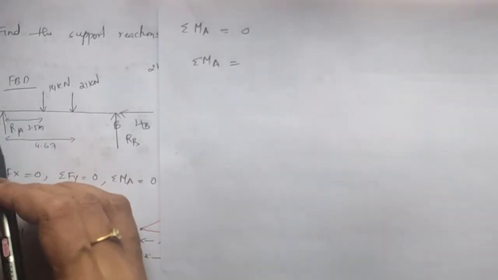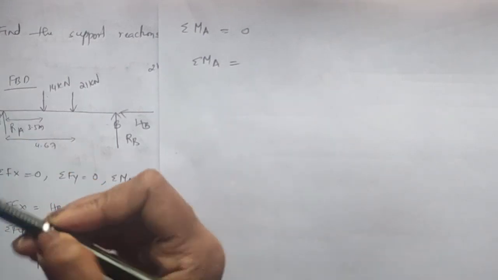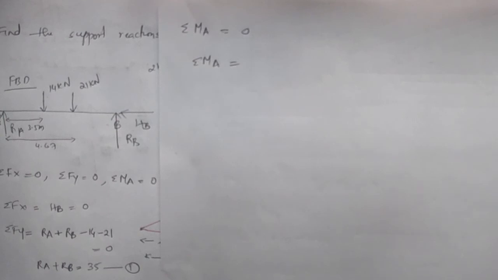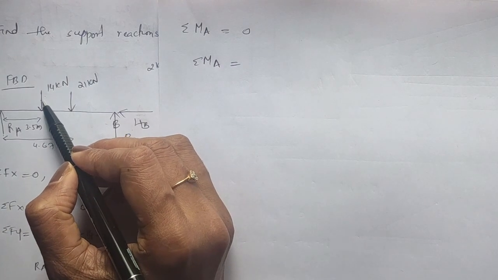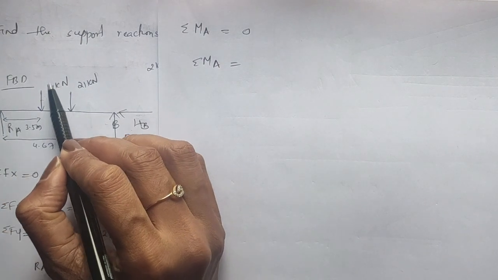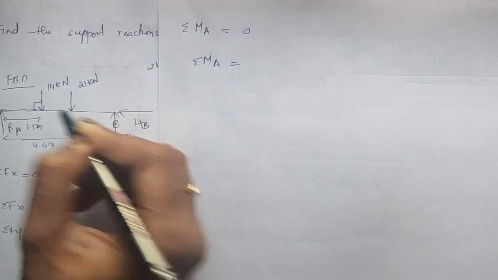As you can see here, the moment of RA about A will be 0 because it is passing through A. Any force passing through the same point about which we are taking the moment will obviously be 0. Now the next one is 14. If you take the moment with respect to A, the perpendicular distance between 14 and A is this 3.5 meter.